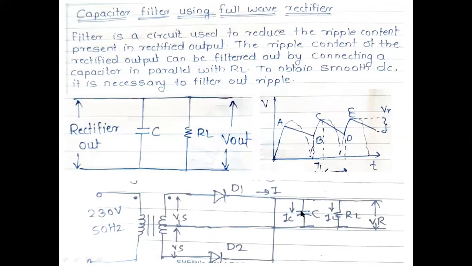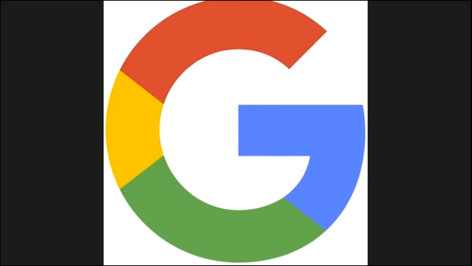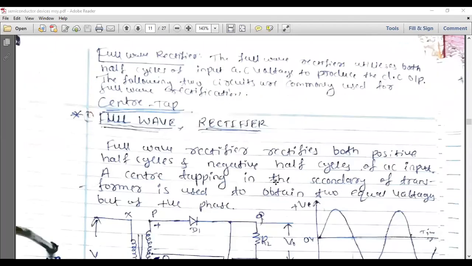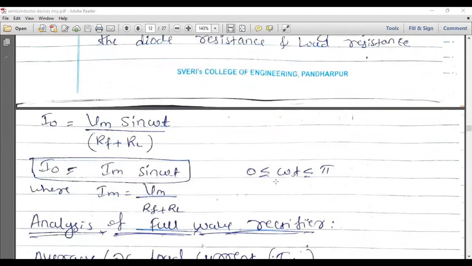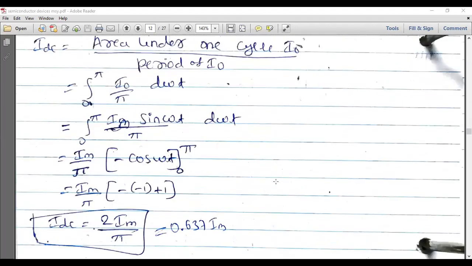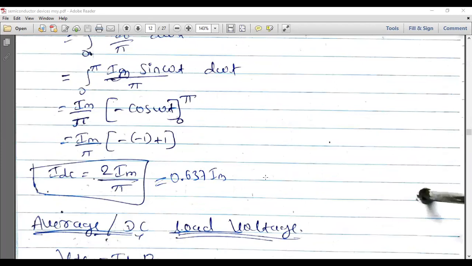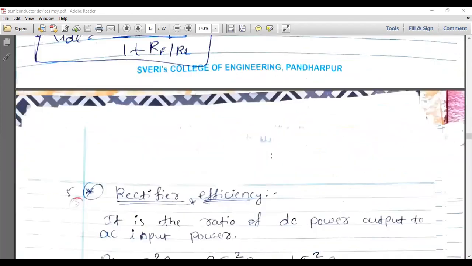What was the ripple factor for the full wave rectifier? 0.48. But here, is the ripple factor completely zero, or is there any ripple factor with the capacitor filter also?